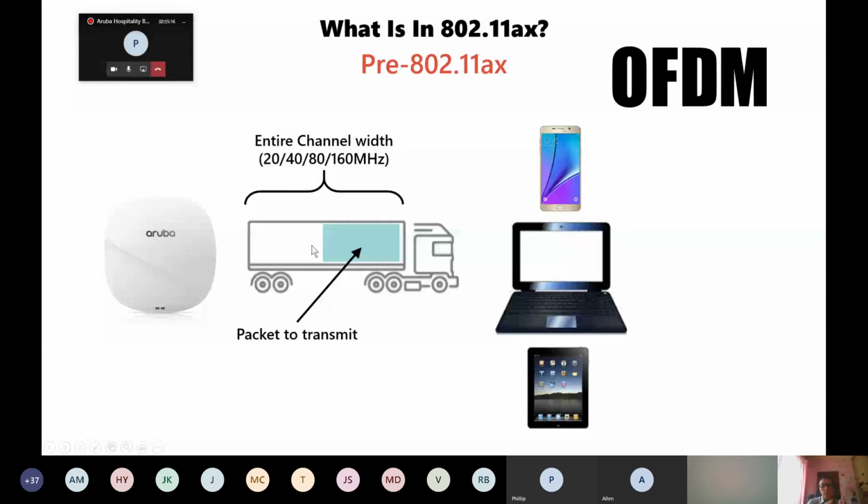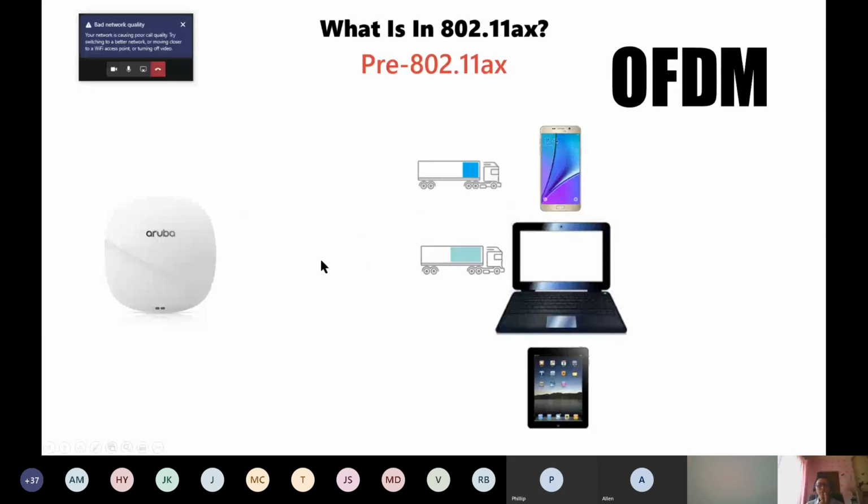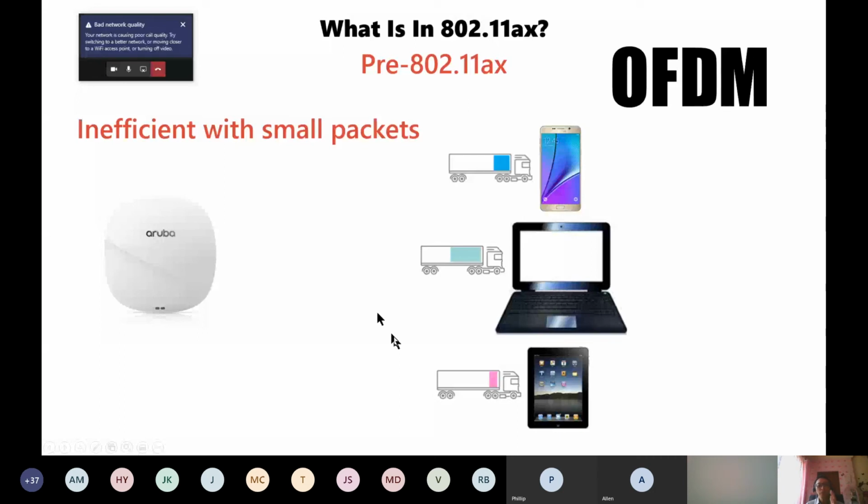And that truck is going to make a journey from the AP to the client one at a time. So for 3 different clients, that truck will have to make 3 trips, or I have to have 3 trucks go one at a time, carrying packets of different sizes to those 3 clients. That is how OFDM works.